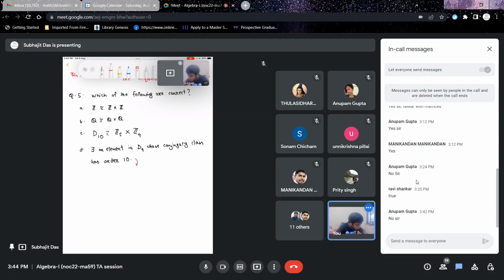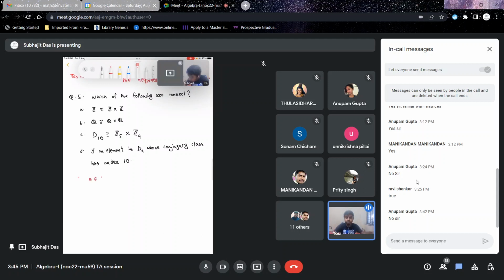If A is an element in your group G, the order of the conjugacy class of A will be the order of the group divided by the order of the normalizer of the element. So the order of C_A is equal to the order of G over the order of N_A, right?